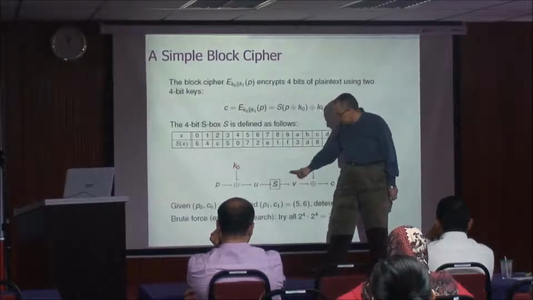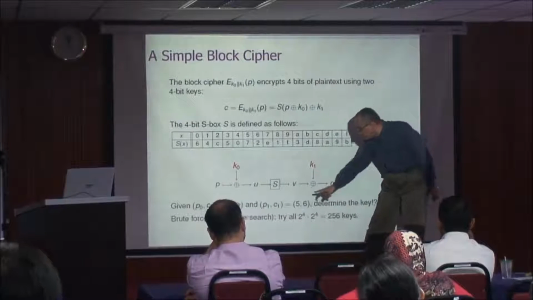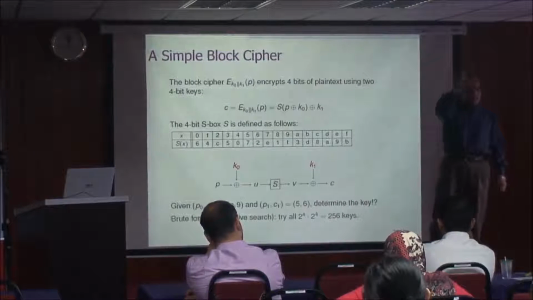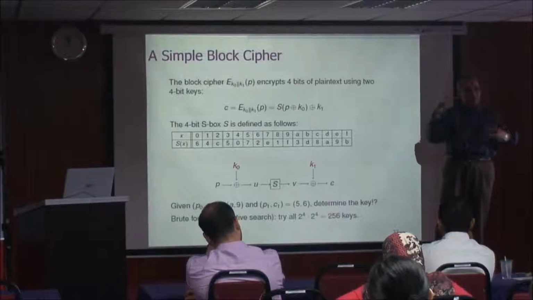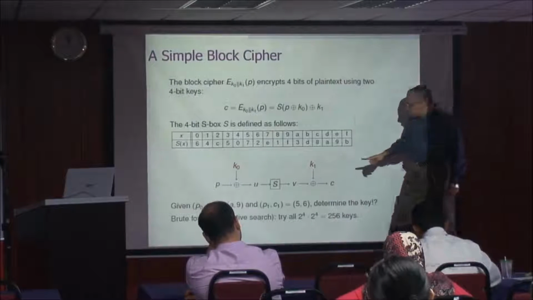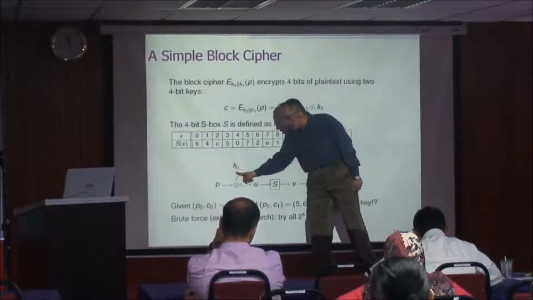So if you just XOR this value A with 5, A is 10, which is 1010 in binary, and 5 is 0101. When you XOR them together, you get F, all ones. So the difference here is F, irrespective of the value of K0.